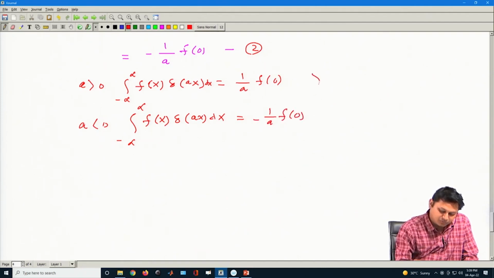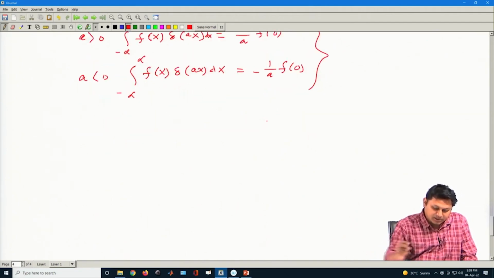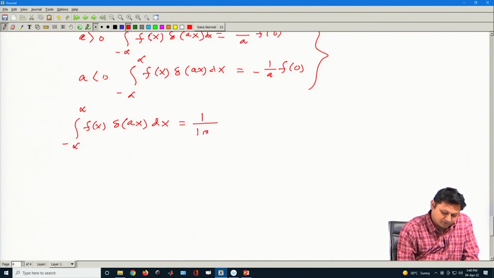So, combining these two, because for a positive we have positive, for a negative the sign is already there, I can simply write this integration minus infinity to infinity f of x delta of ax dx is simply 1 by mod of a times f of 0, because whatever a you choose, positive or negative, at the end of the day you are getting this result.